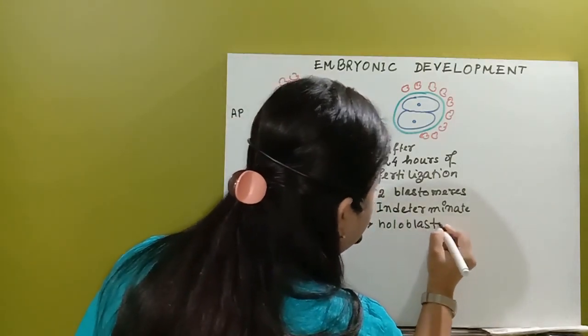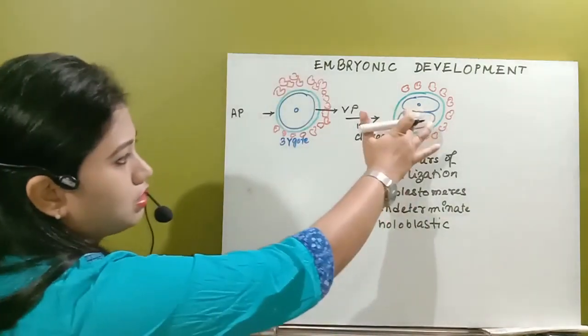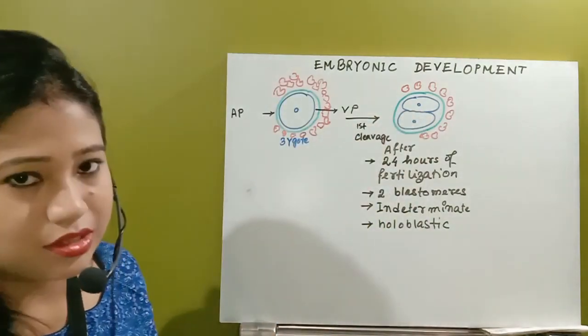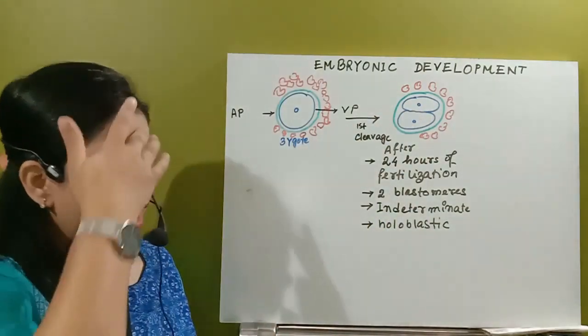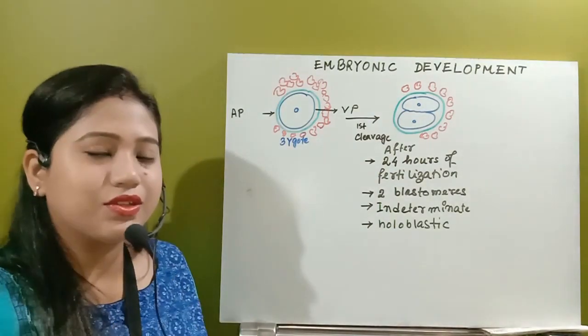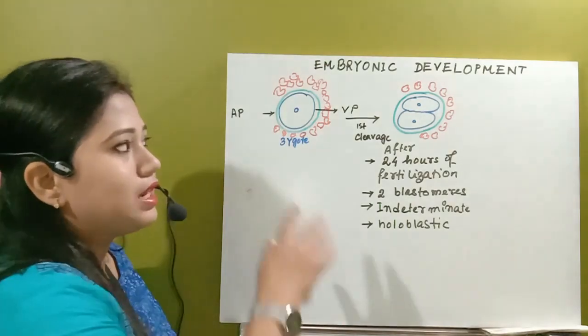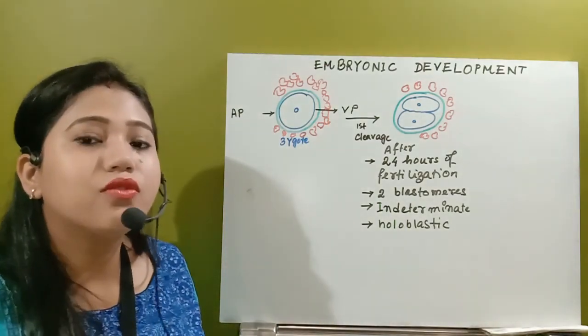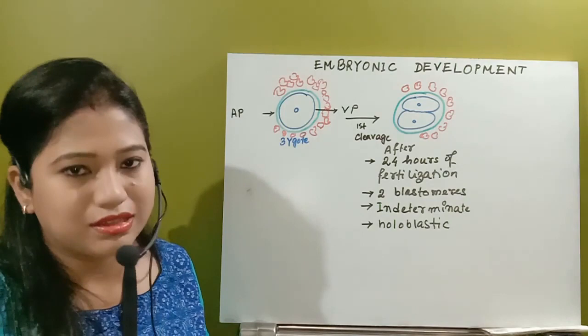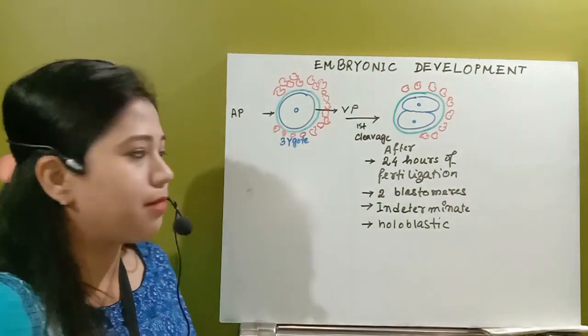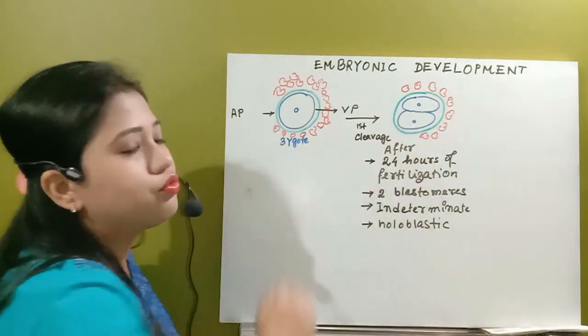Holoblastic means what? It is the first cleavage which later will go on dividing, and after every cleavage the cell number is increasing. Here you can see that the cells are dividing to form two completely equal sized cells. So here the zygote forms two cells.